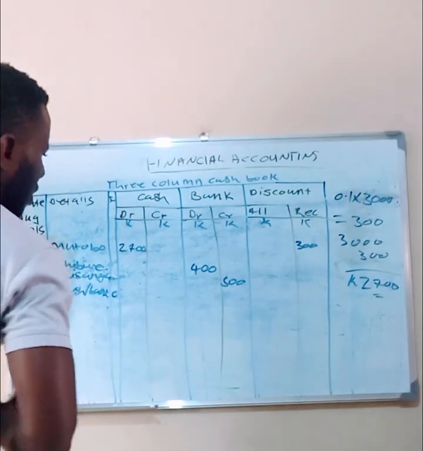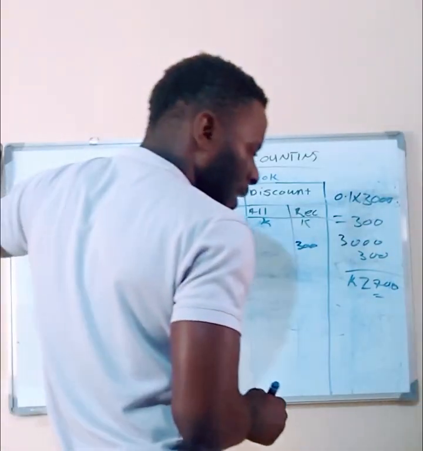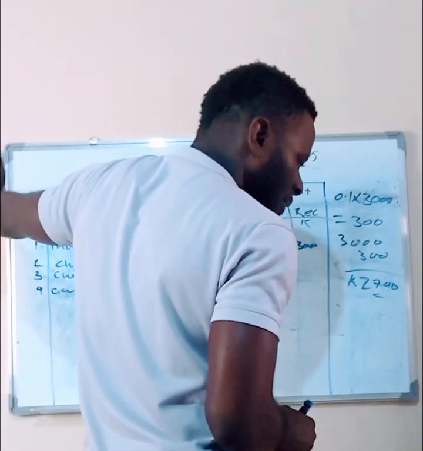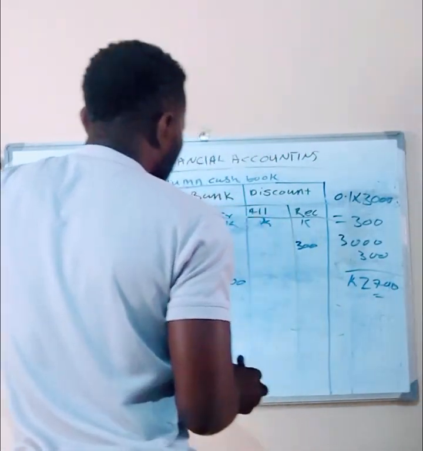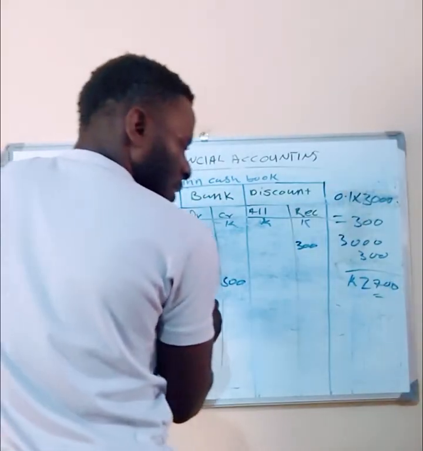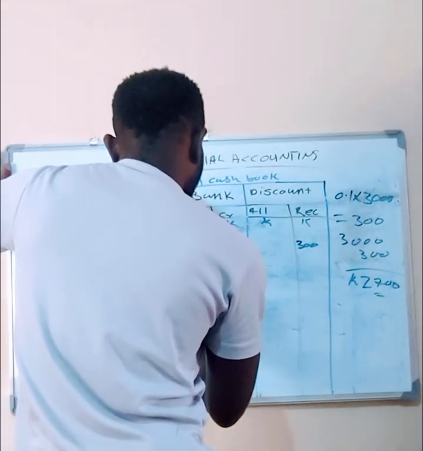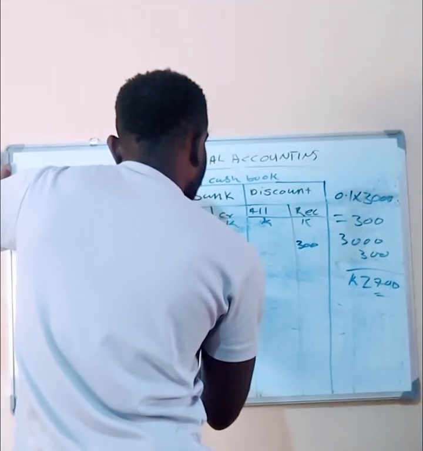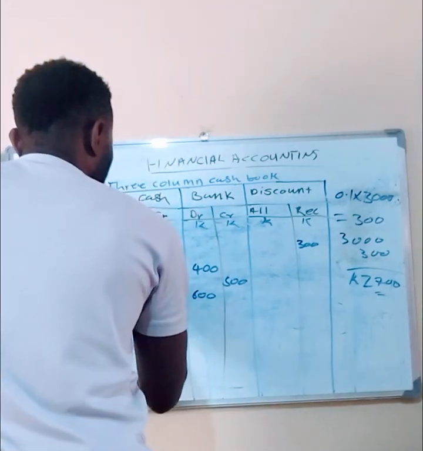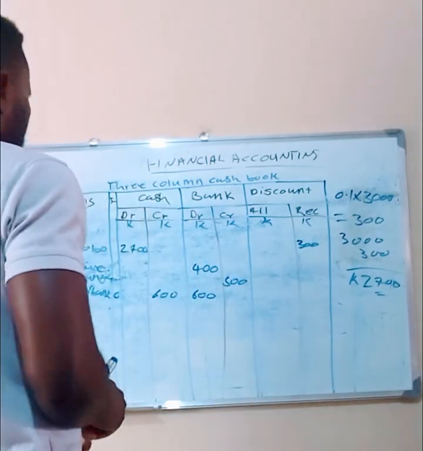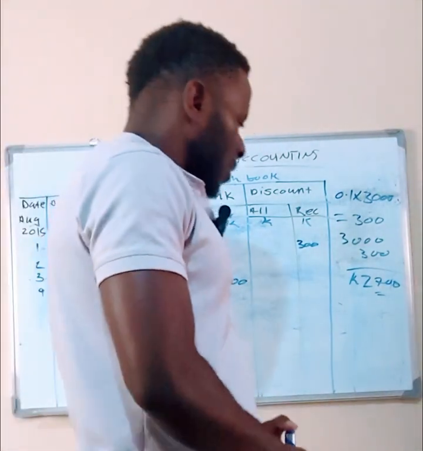It's a contra entry. The bank was the one receiving, so we debit the bank with 600, and credit cash. Very simple, the contra entry.